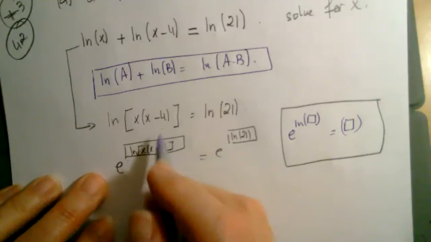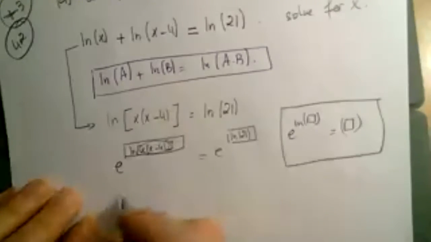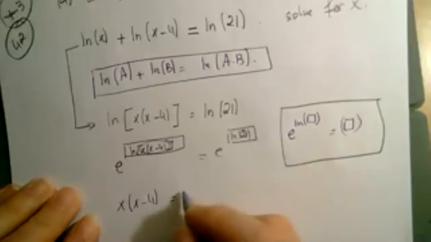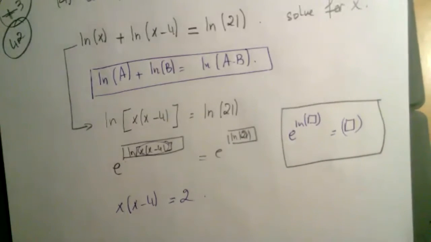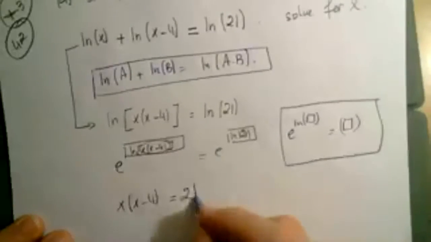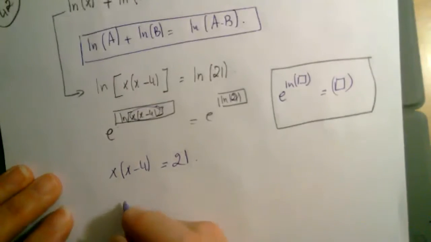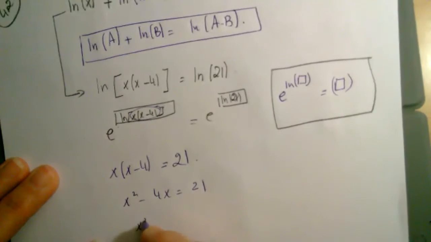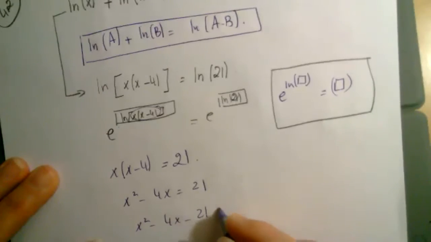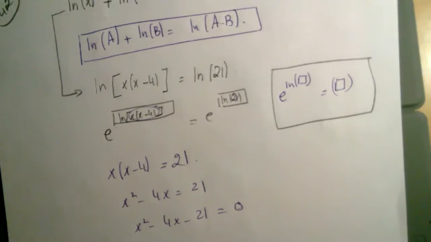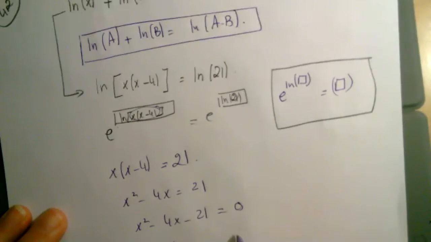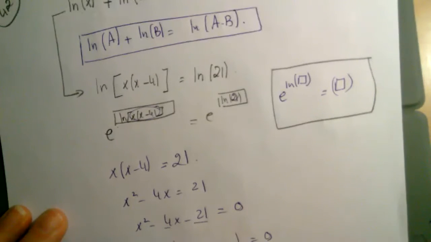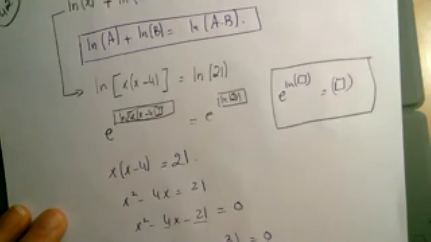So e to the ln of x times x minus 4, this is my box in this case, equals e to the ln of 21. It's 21, thank you. And now the rest should land me in a quadratic equation. I solve the quadratic, and when I hit a quadratic, I ask, can I factor or can't I? Now, when I see 21, I see 4. Of course, 7 and 3 should jump to our mind.